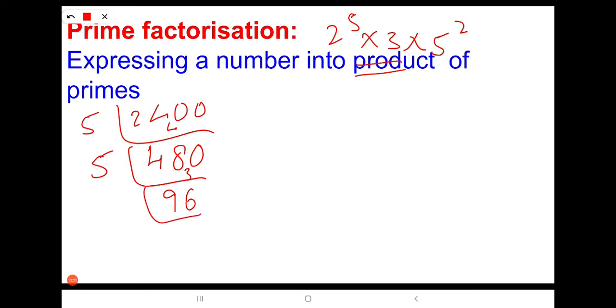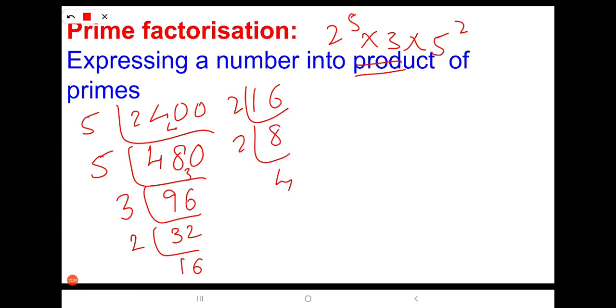Let us take the 2 table or 3 table. Okay, I will take 3. 3 threes are 9, 3 twos are 6. Next 32, 2 sixteens, and 2 eights and 2 fours, next 2 twos.